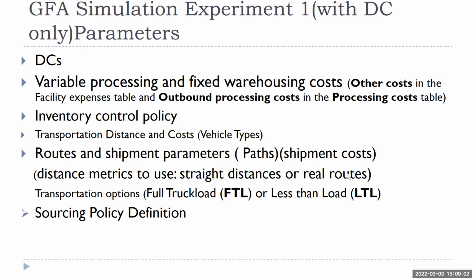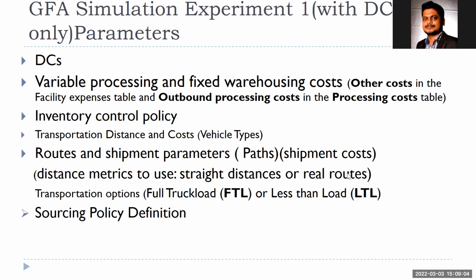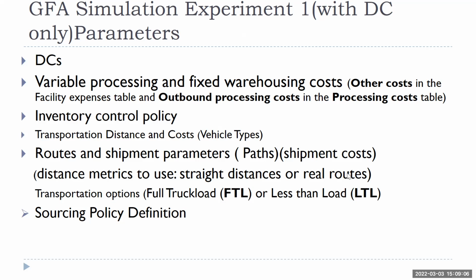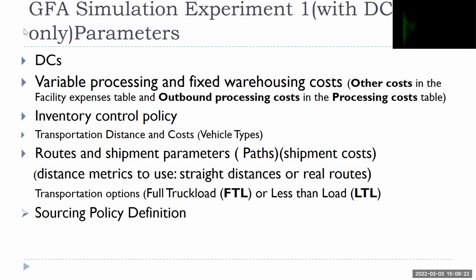We do not have clarity on what route or what kind of road it will take. That is the limitation of the academic version, because we are not paying for the commercial license. But in case you work in this kind of environment, you will have the option to work on a real route.